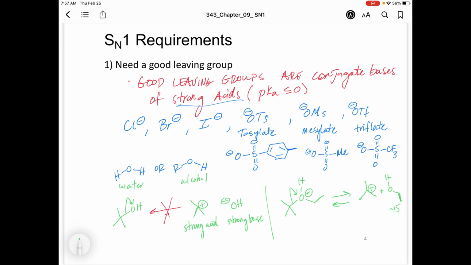So this is okay being as itself. You aren't making both a strong acid and strong base. You're just making this strong Lewis acid here. All right, so this can happen. But just remember, when you make it leave, it needs to be neutral here for water or alcohol, okay? You're never going to see just OH minus or an O minus popping off and forming a really reactive carbocation.